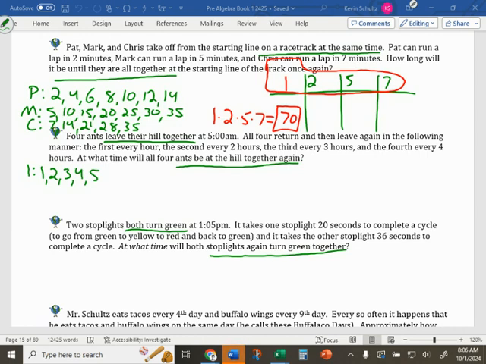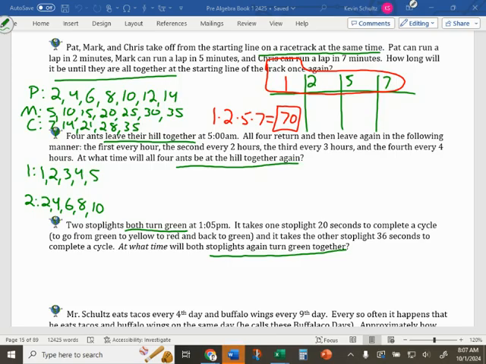The second ant comes back every 2 hours. So leaves at 5 a.m., will be back 2 hours later, and then 2 hours after that, total of 4. 2 hours after that, total of 6. 2 hours later, and 2 hours later. Okay?